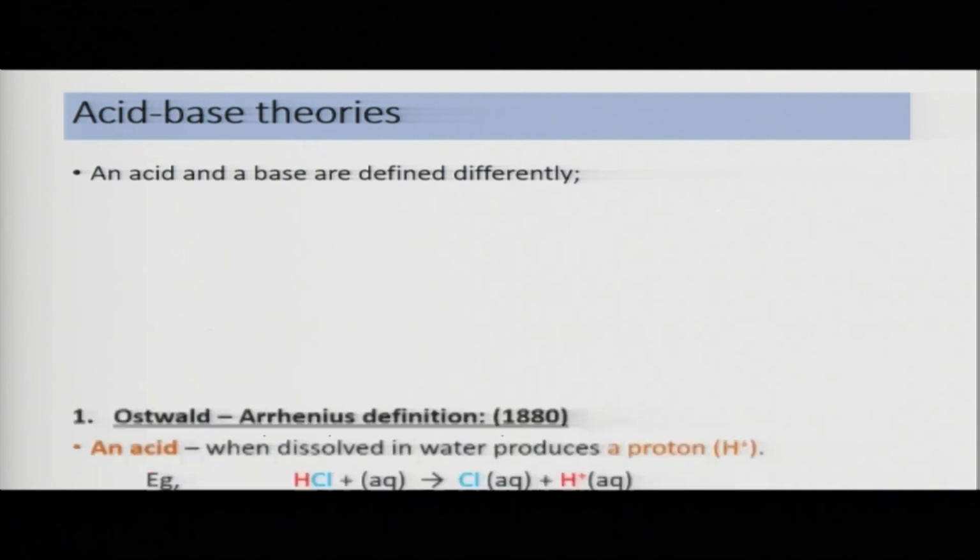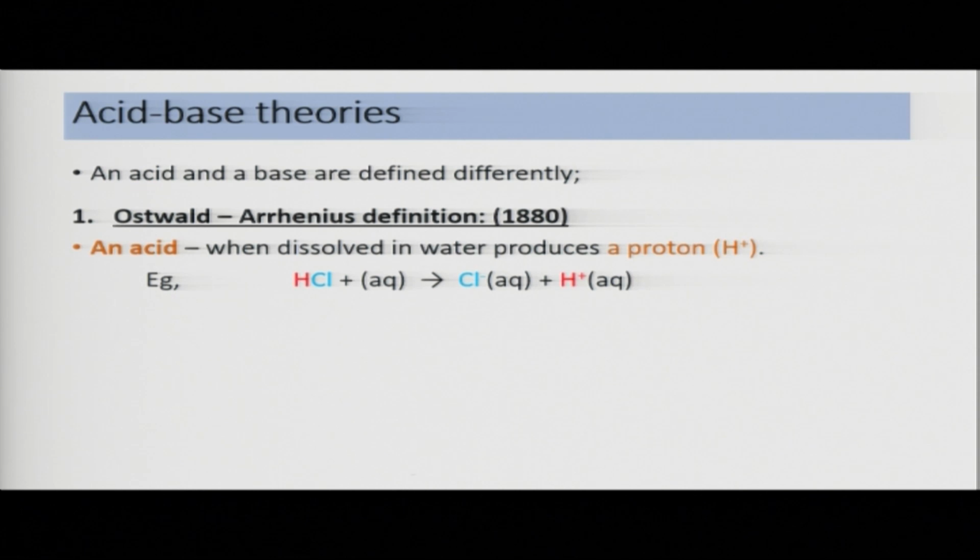Acids and bases were defined differently by different people, and so there came the aspect of acid-base theories. We're going to be looking at these different definitions and who defined them. Let's get started with the first scholars.